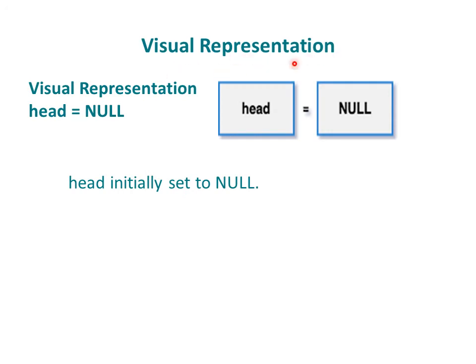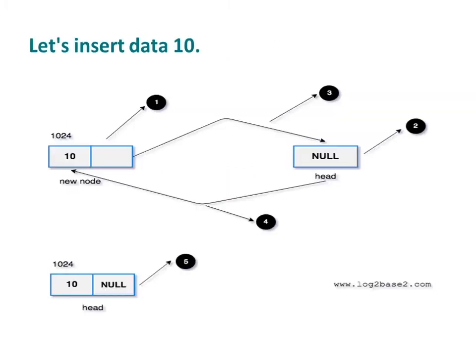See, this is the visual representation, that is head equals null. Head is initially set to null. Afterwards I am going to other nodes. You can see diagrammatically 10, and I have created the address 1024. This is the address value of the 10, and this is the null value, that is the head.